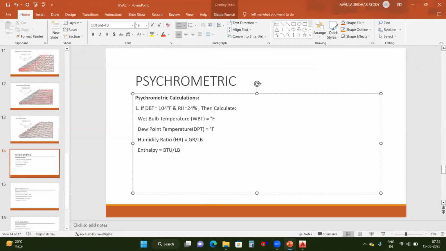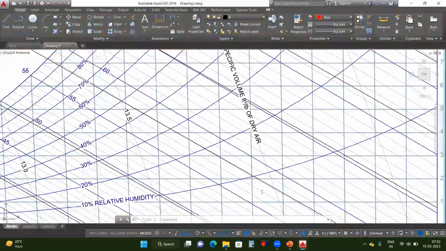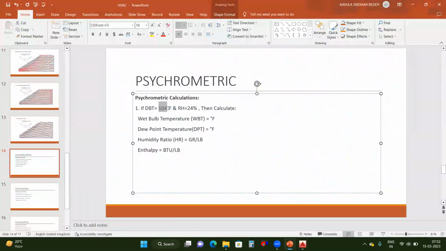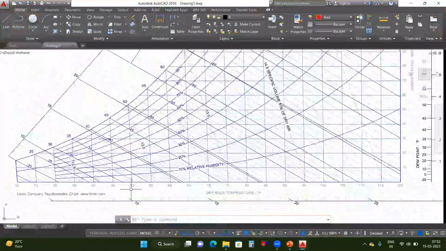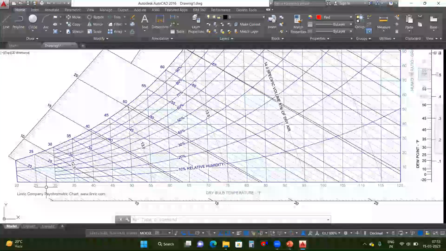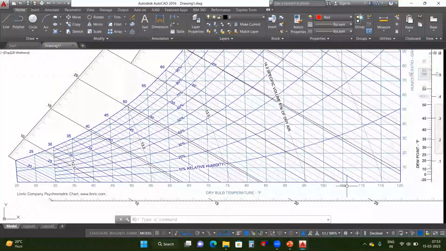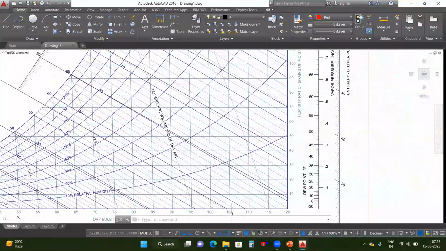So first we will mark the dry bulb line and the relative humidity line. What is our dry bulb value? 104 degree Fahrenheit. So I will mark this 104. This is the dry bulb line at 104, it is near 105. So here we need to mark.